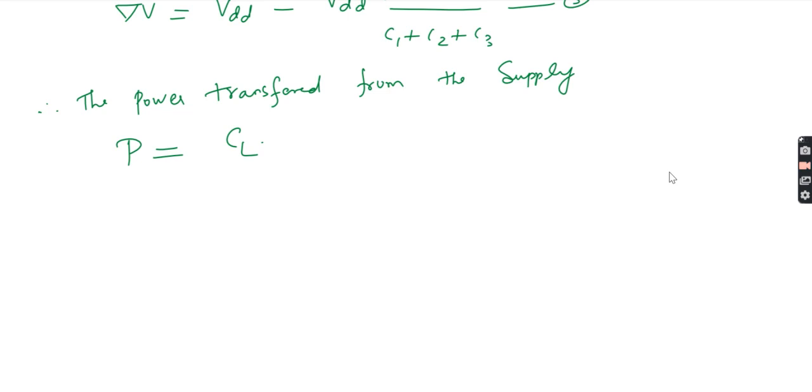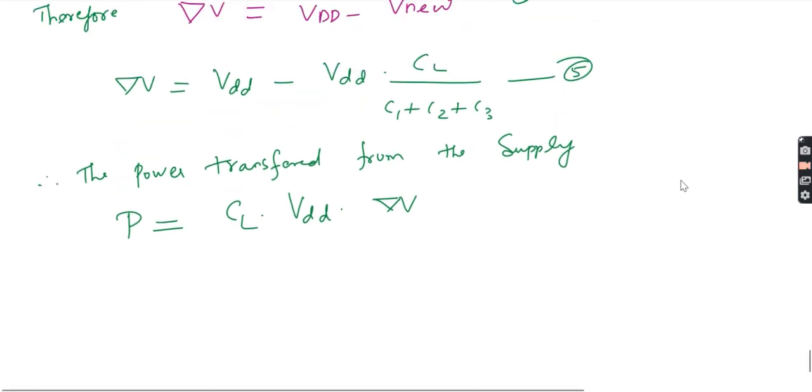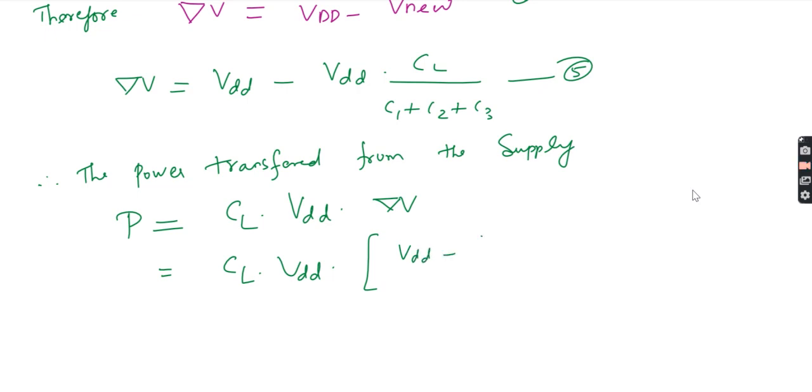P is nothing but CL into VDD into del V. So now P is equal to CL into VDD into del V, where del V is VDD minus VDD into CL divided by C1 plus C2 plus C3.